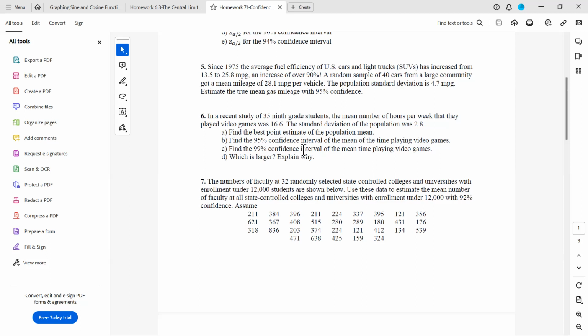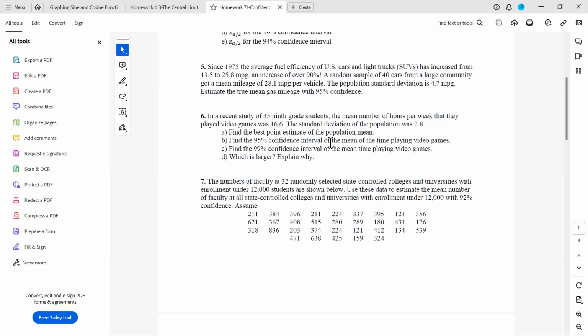Remember, what are we estimating? What are we estimating here? We're estimating the confidence interval for what? Here's a hint, look at part C, or even part B. Confidence interval for the mean, right? So we're estimating the mean here, right?